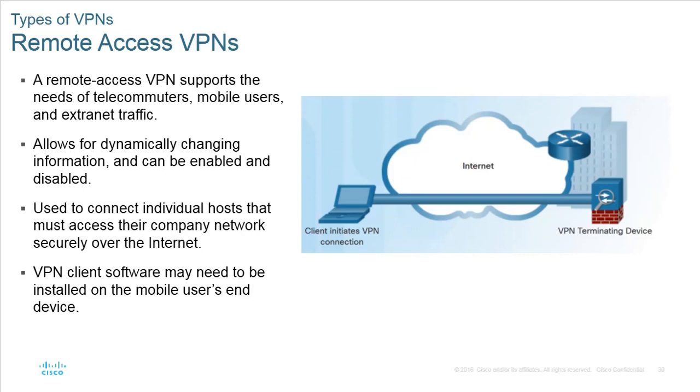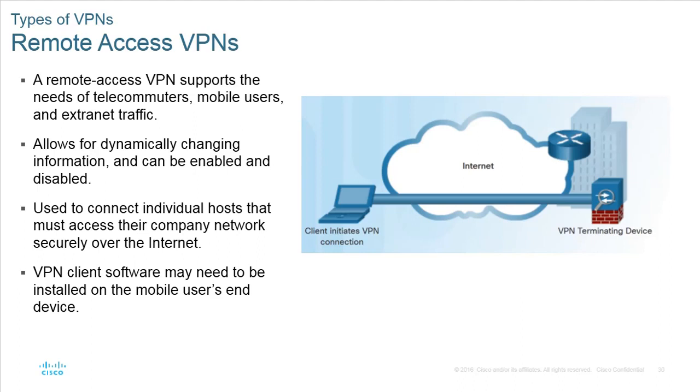In site-to-site VPN, the requirement is a hardware gateway. But in remote access VPN, the client must have software installed on their machine, because remote access VPN supports the needs of telecommuters, mobile users, and extranet traffic.